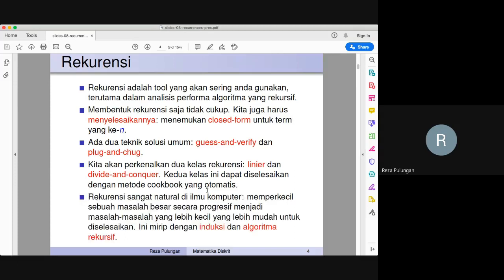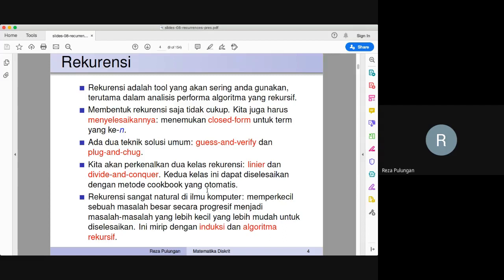Recurrence occurs naturally in computer science. When you form an algorithm, usually what you do is try to make your problem smaller progressively. If you have a big problem, you solve it by dividing it into smaller problems.